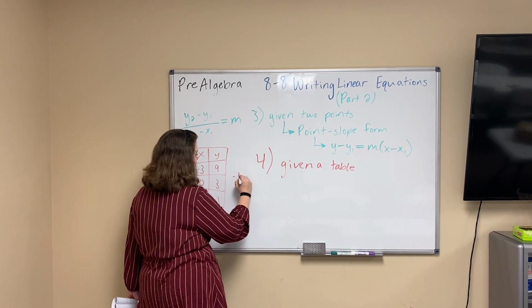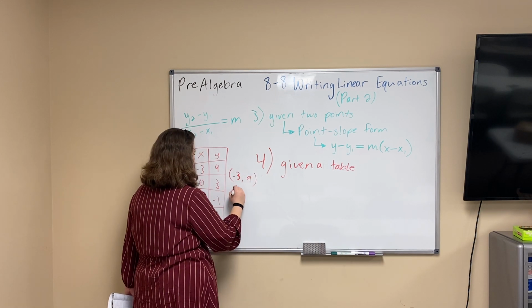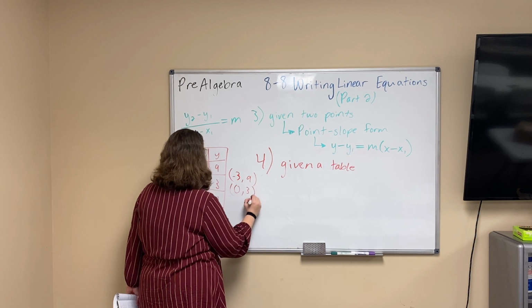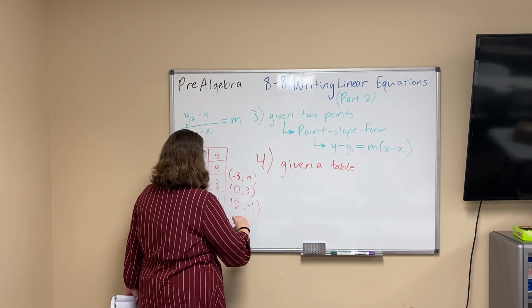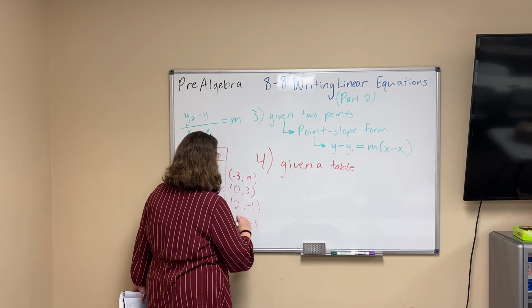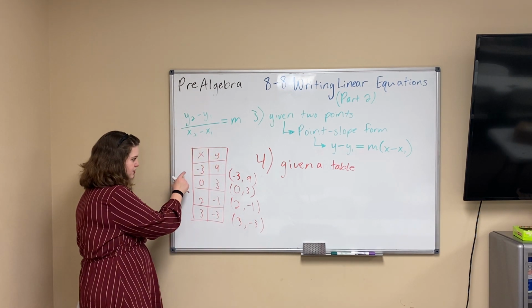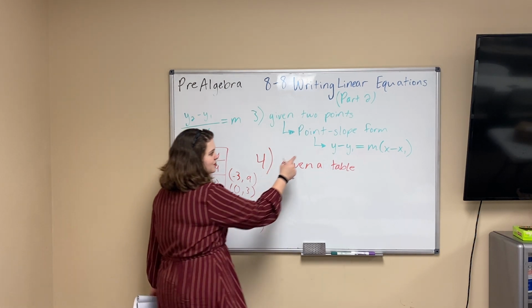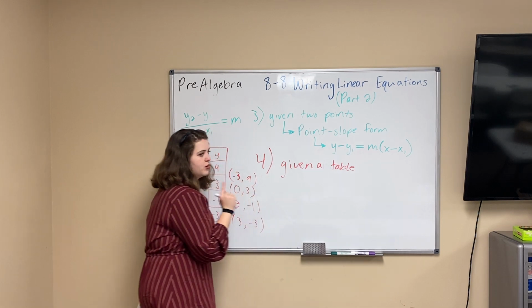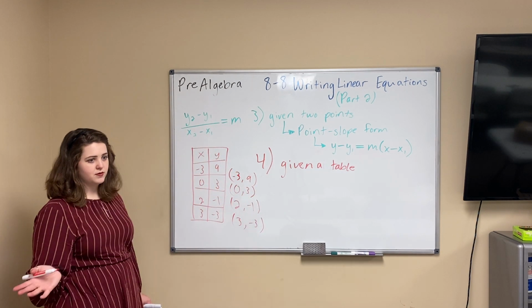Like this is -3, 9, 0, 3, 2, -1, and 3, -3. Just like that. So basically, you're just going to transfer your table into ordered pairs. And then you're going to do the same thing that we did with this one with our point slope form by choosing 2 points from your table.